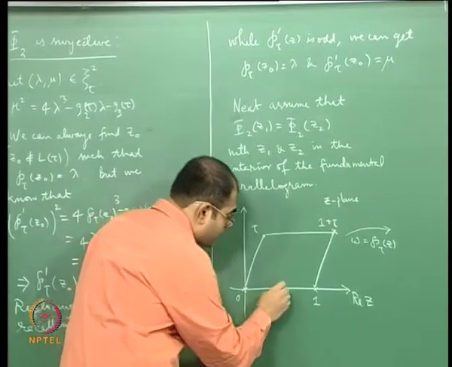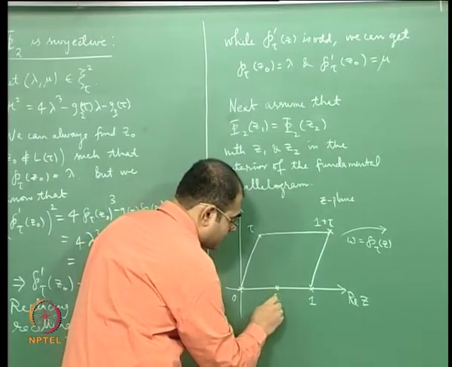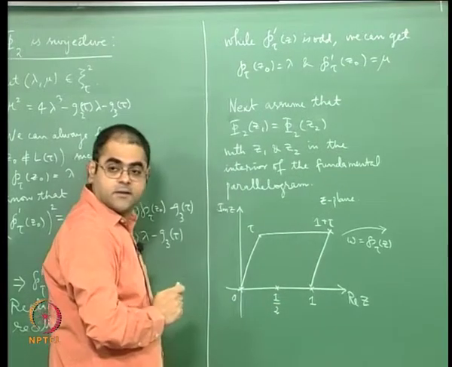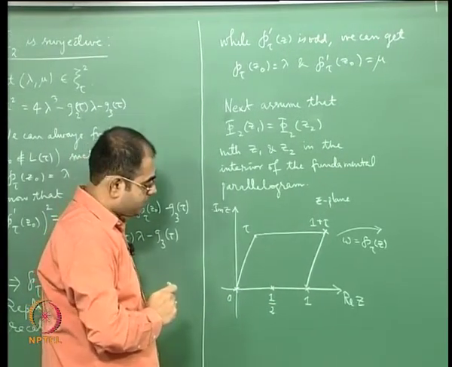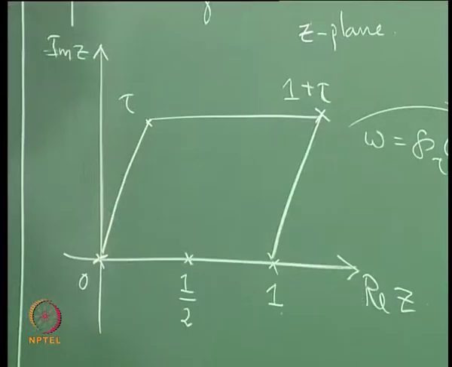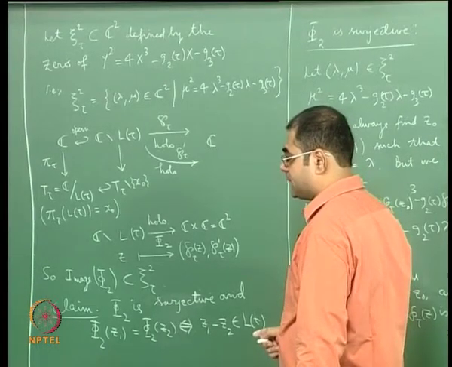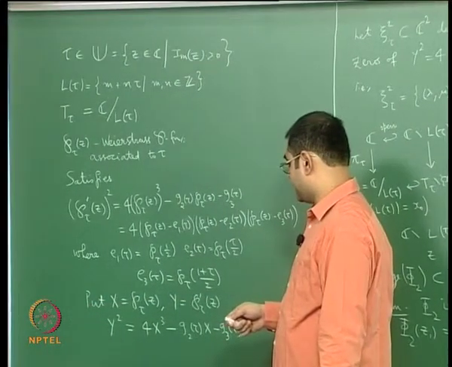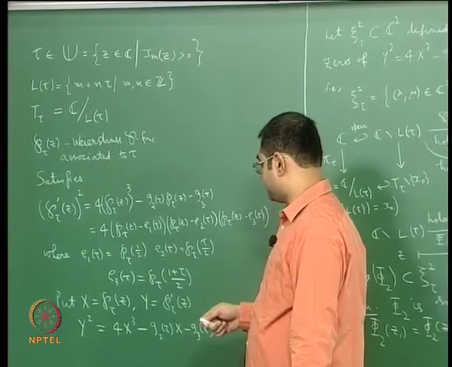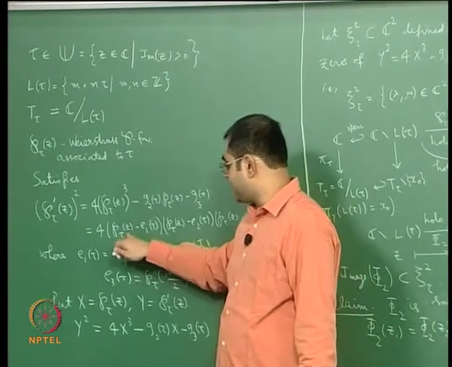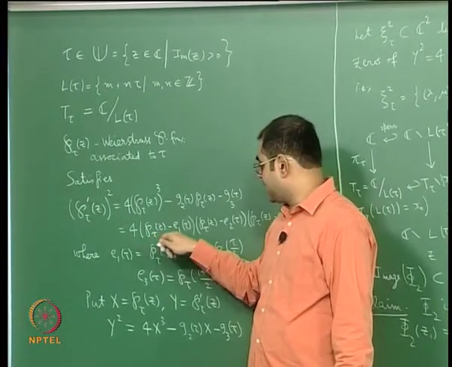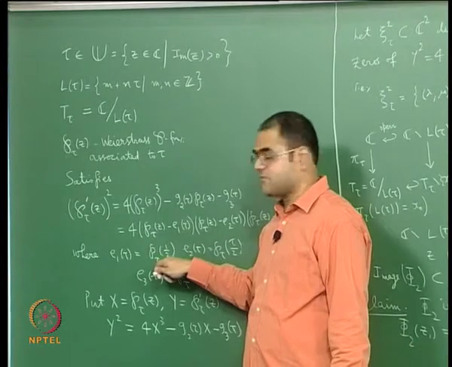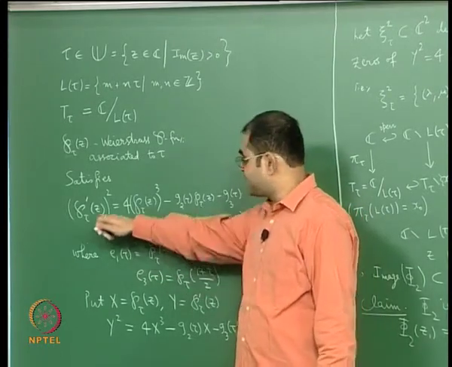There is a 0 at half, because when I put z equal to half, then E1 tau is p tau of half, and this vanishes, so phi prime vanishes.